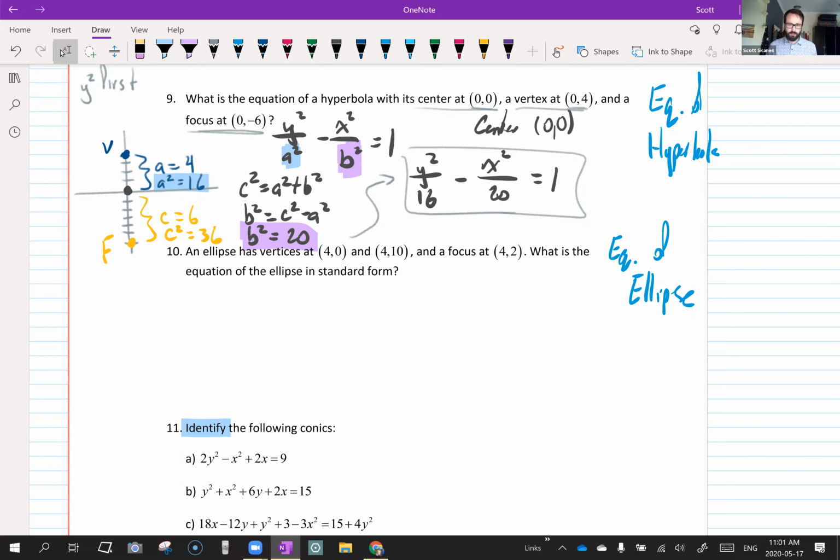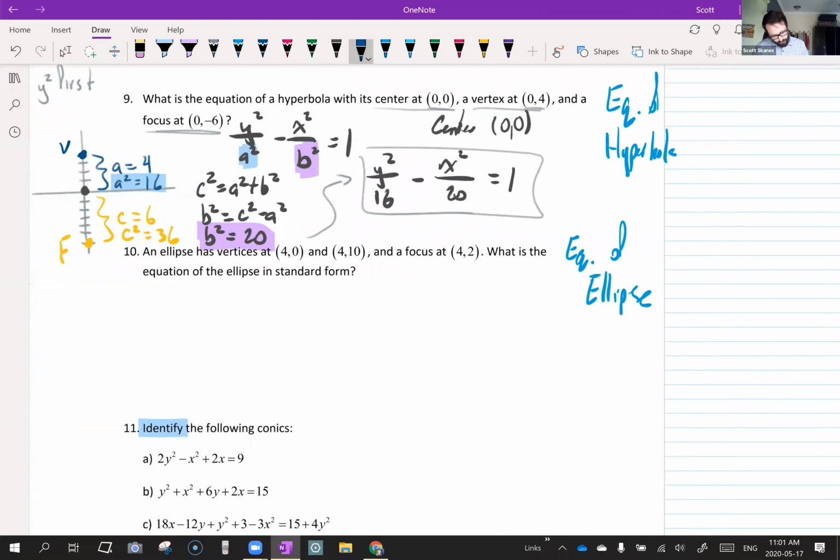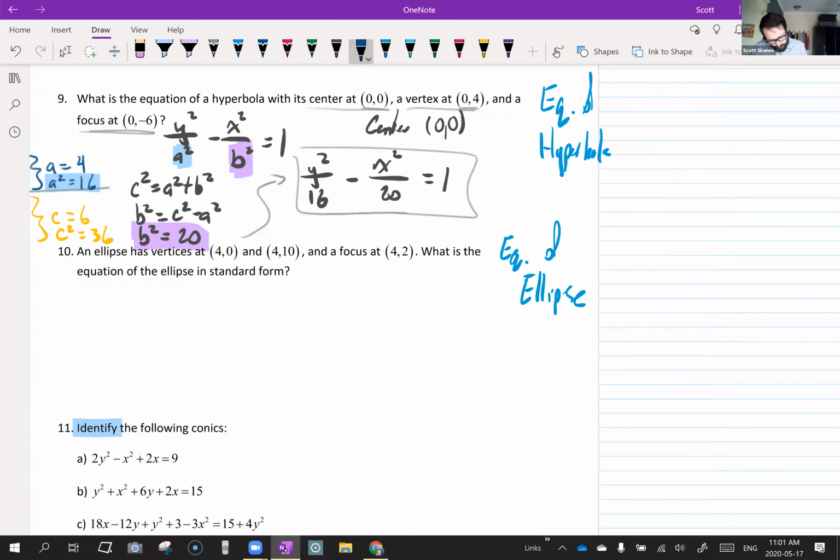Y first? The y is coming first because, let me write it down, the center and vertex are separated by a vertical distance.